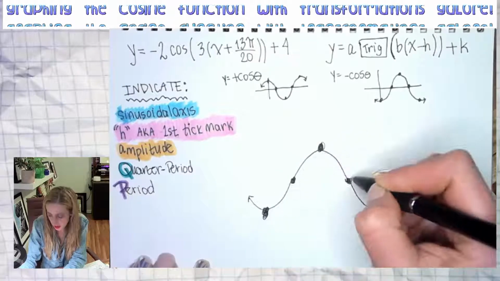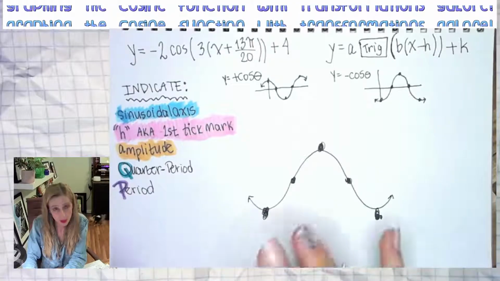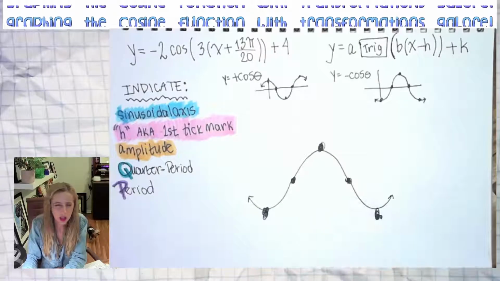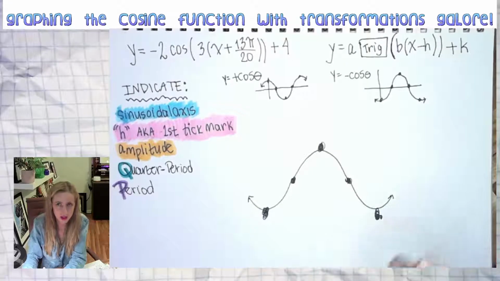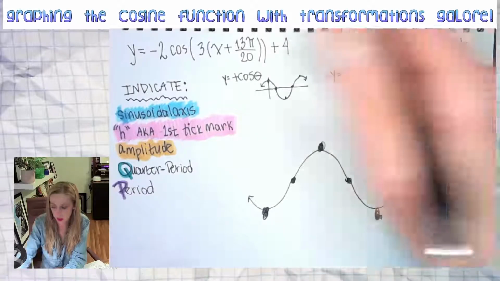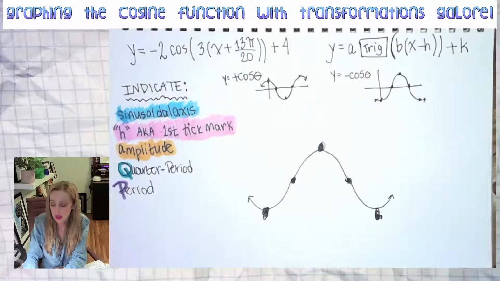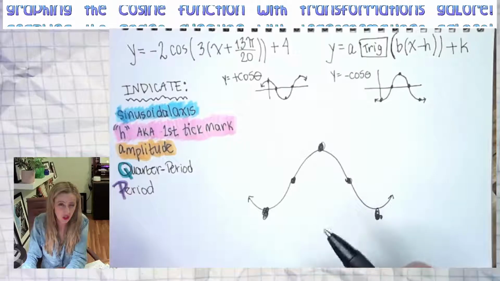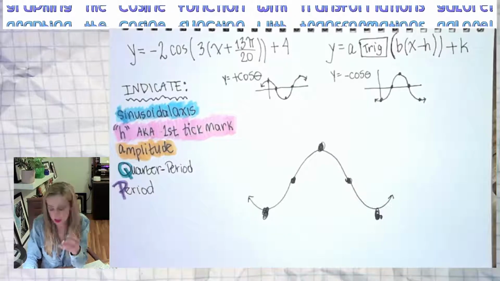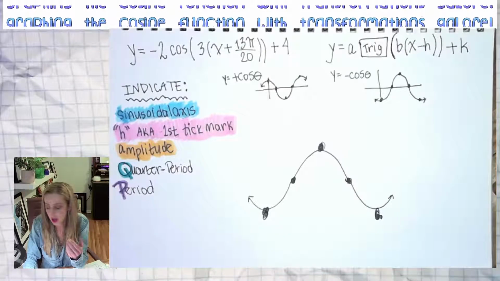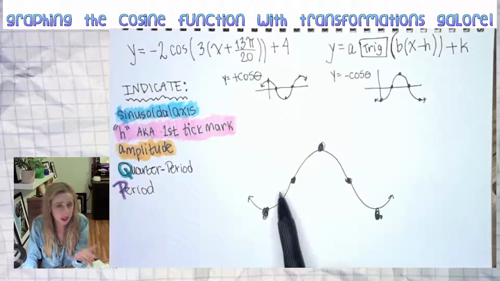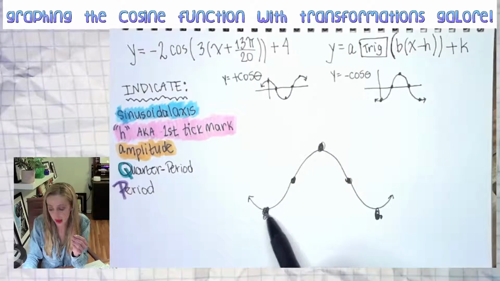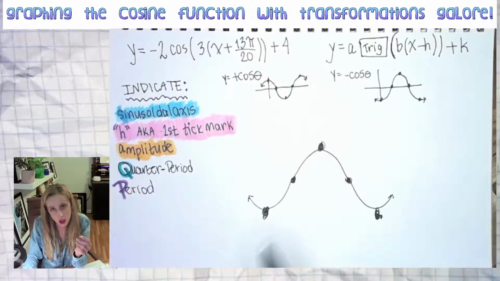This point right here and right here, while in the parent function it's a 0, on any other graph that has been at least shifted vertically, up or down, it will not be a 0 specifically, because it won't necessarily cross the x-axis there, since that's the name for x-intercepts. But it will be at the very least a point of inflection, where the concavity switches from one to another.